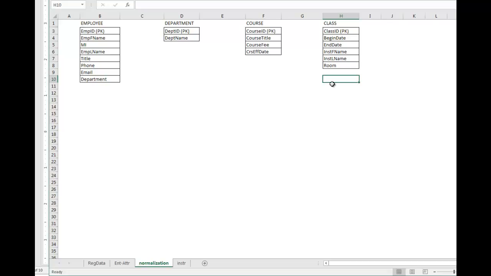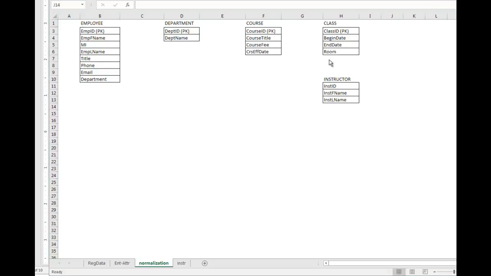So what we will have is instructor, and we will have instructor ID, and then we will move these down here, and we will move these up like that. How do we connect them?